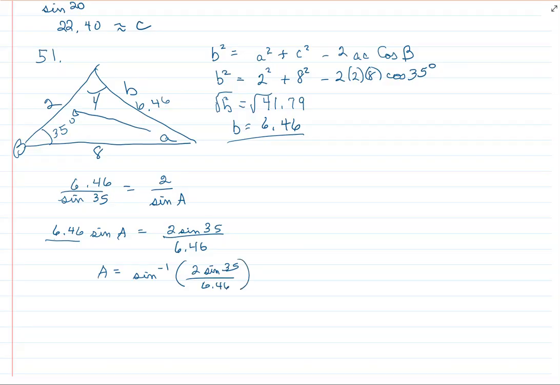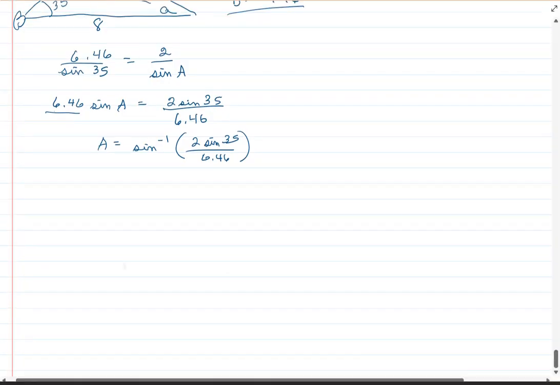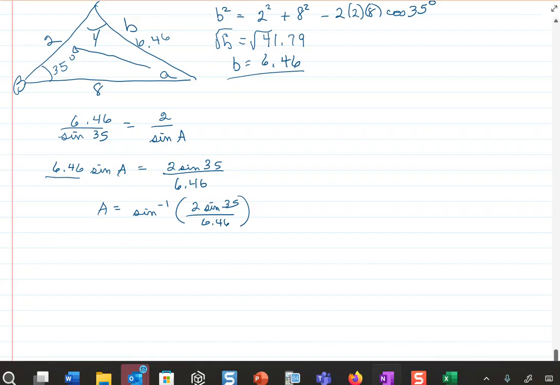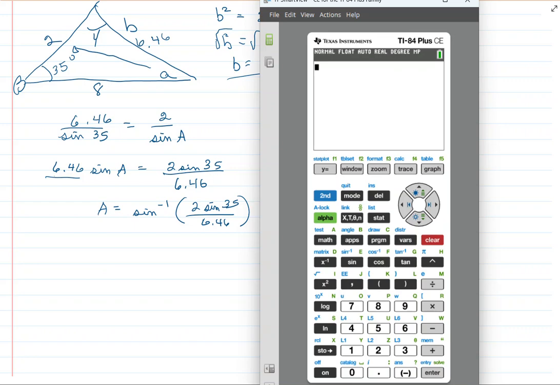Okay, all right. 2 sine A, yeah, I got it. Here we go. All right, so I'm going to clear this mess, hit second sine, and enter 2 sine 35, close parenthesis, and close it again, because I'm dividing, divided by the 6.46.